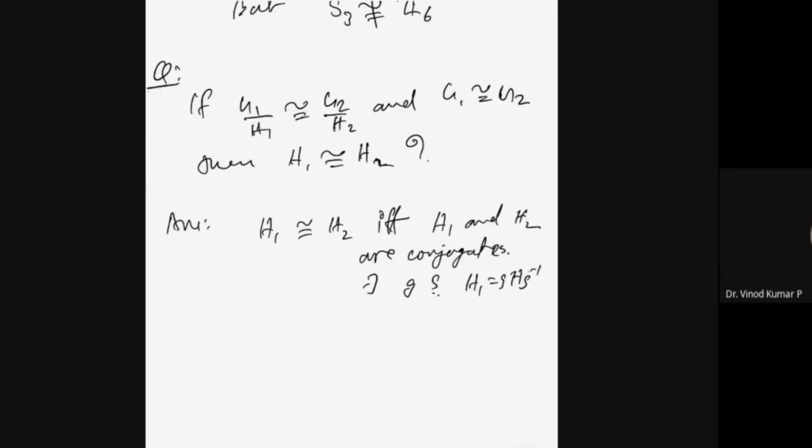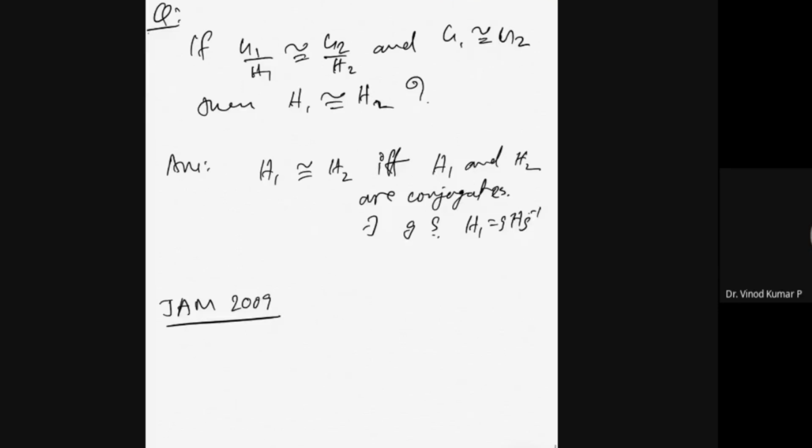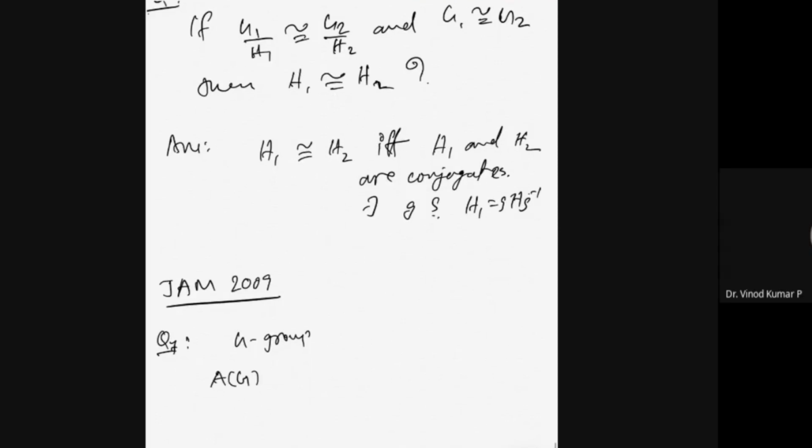So it's a question asked in JAM 2009. It's a lengthy one. G is a group, and A of G denotes the automorphisms of G. That means the set of all phi from G to G where phi is a group isomorphism.